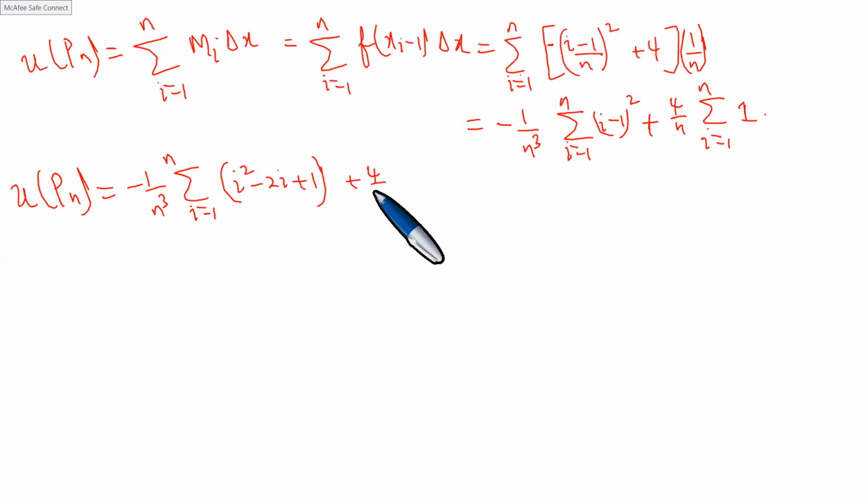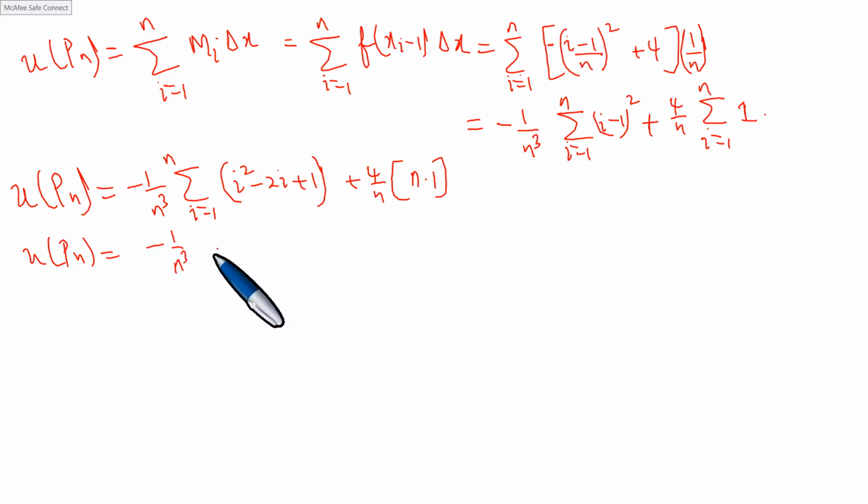And then 4 over n. The summation of that one is going to be n by 1. The UPN and LPN must differ by normally just the negative term.